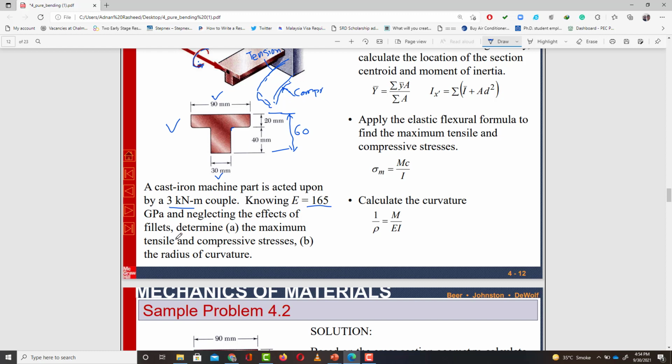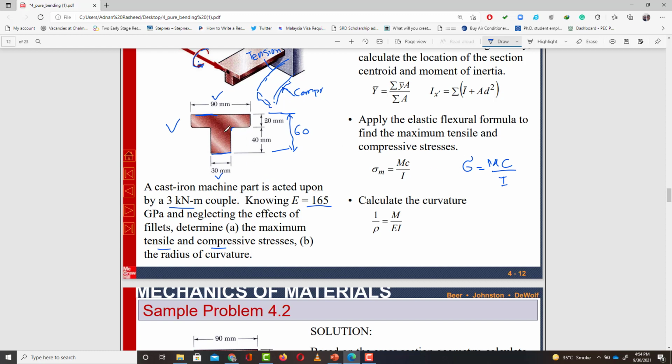You have to determine the maximum tensile and compressive stresses. Maximum tensile stress will be in the top portion, and maximum compressive stress will be in the bottom portion. In both cases we will use the Mc over I formula, because c is the maximum distance from the center to the outermost fiber. Clear?